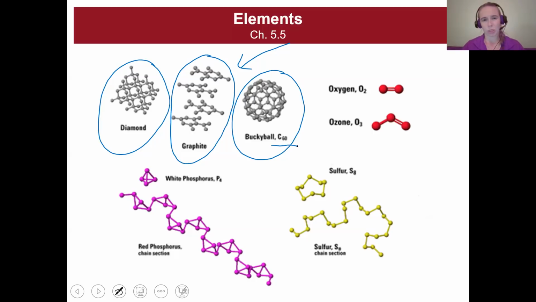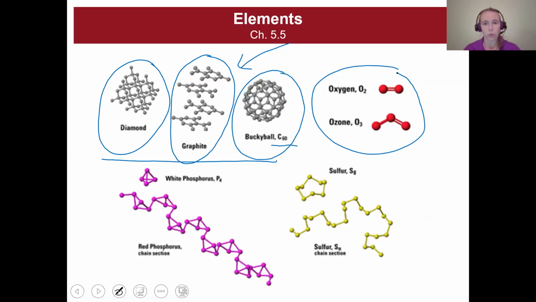They're not really bonded, but these carbon atoms form this really cool network that looks kind of like a soccer ball, and we call that a buckyball. It was named after the guy who found it, his name was like Buckminster or something. So it's called a buckyball now. So these are all allotropes of carbon.